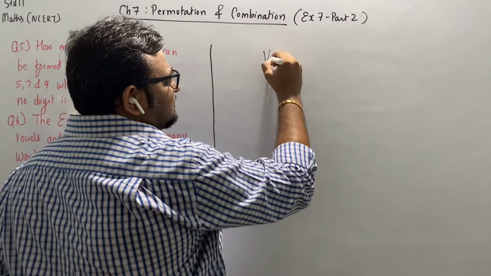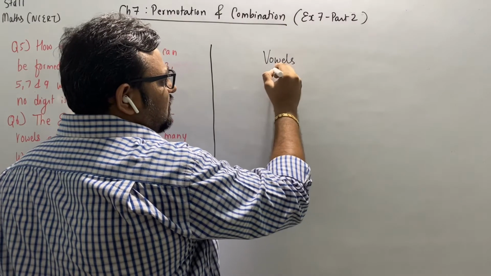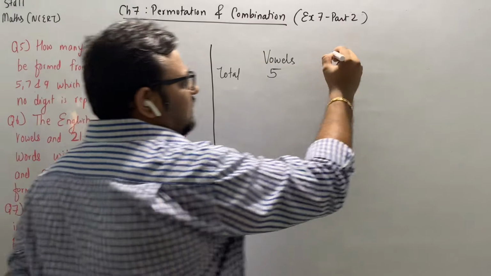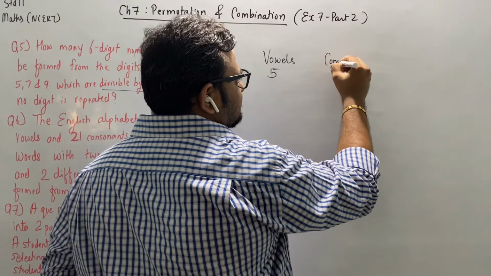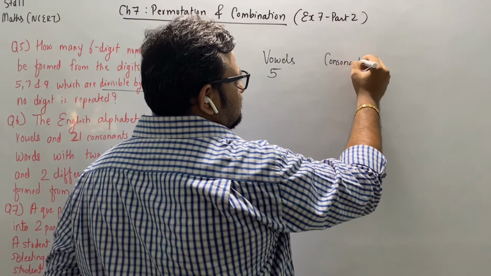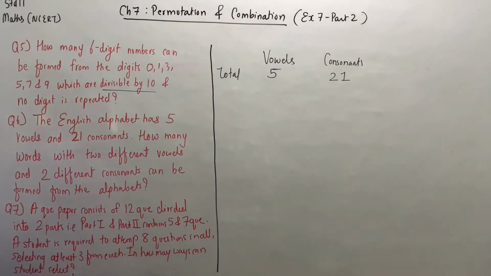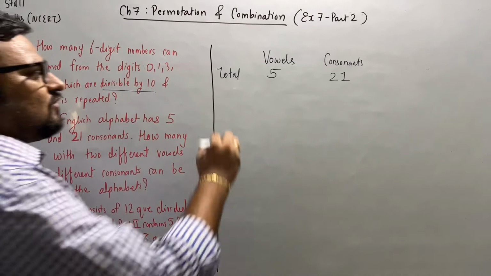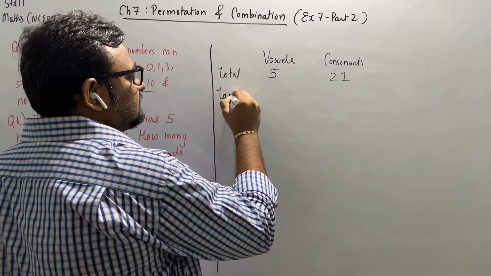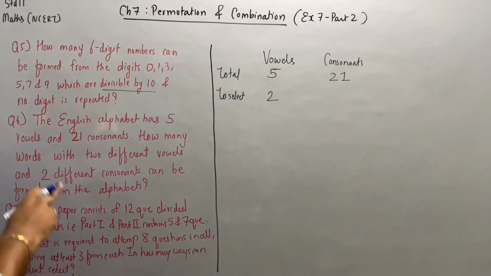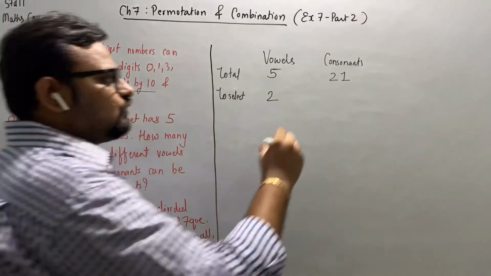Okay, so first, let's select vowels. How many vowels? Five in total. And how many consonants? 21. Now, how many vowels do we have to select? Two. And consonants, again two.